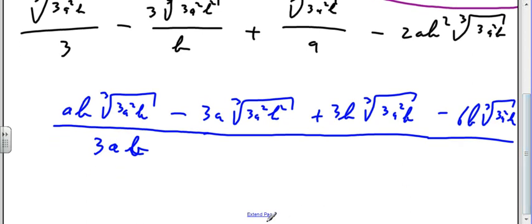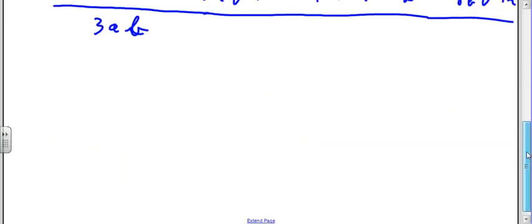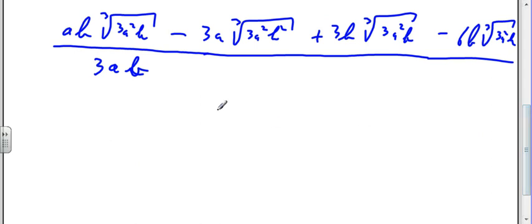Alright, so I'm going to bring the 3a squared b's together. Okay, so I got ab minus 2b, 3b, minus 3b, minus 6b. So I can make that a 9b, right?